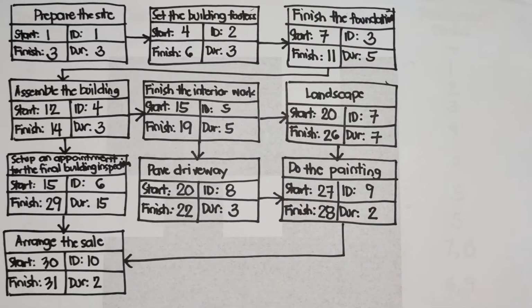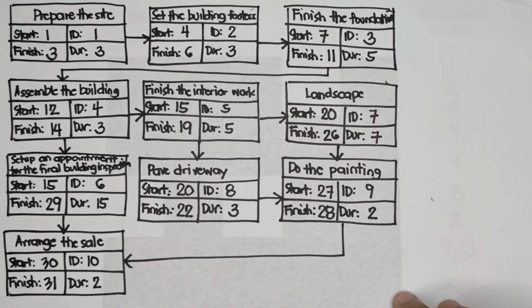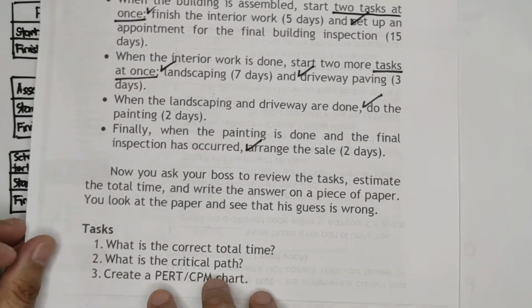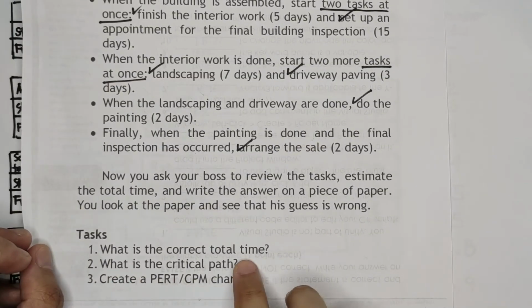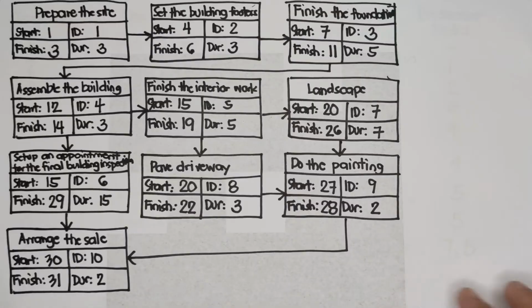But I forgot to put the set up building inspection. Okay, there's no real arrow there. I was just confused a little. Let's go back to the tasks. We could already answer question number 1. What is the correct total time?